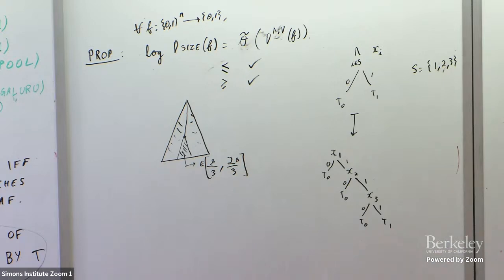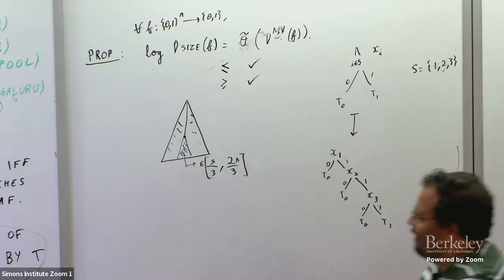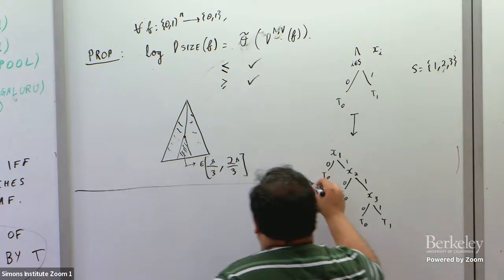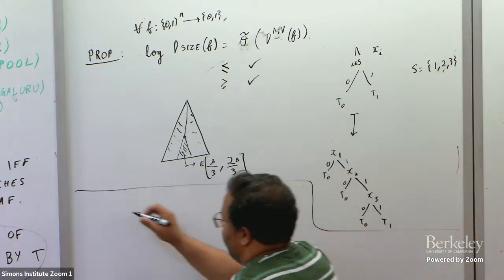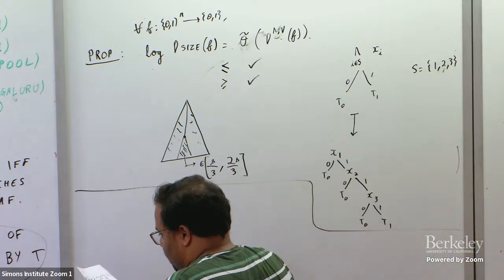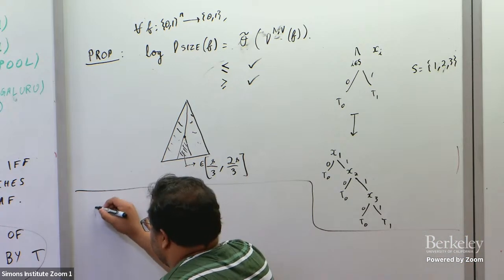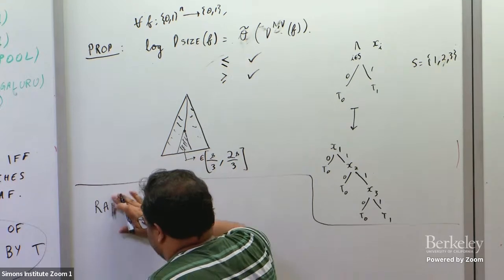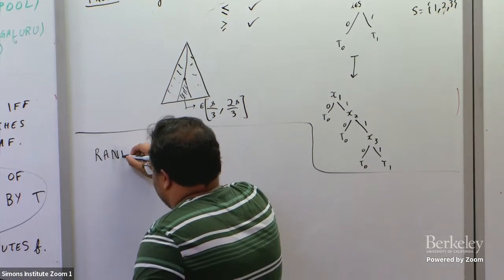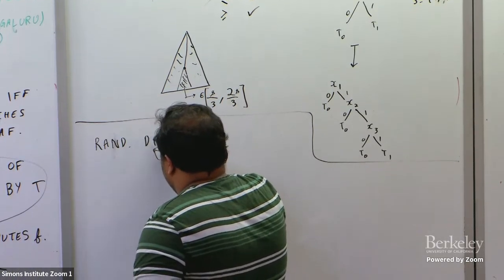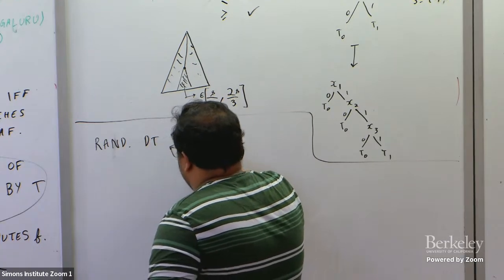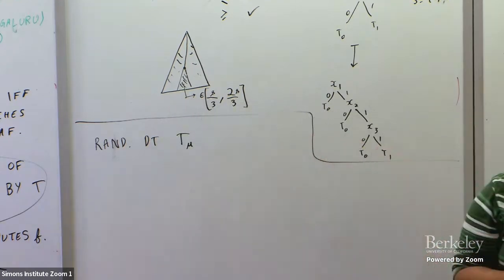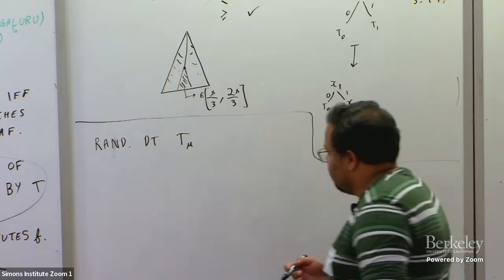So next, what we're going to look at, again, as the title gives away, is randomized measures of decision trees. Again, very quickly. The view that we're going to take for randomized decision trees in this talk is that a randomized decision tree is a distribution over deterministic decision trees.